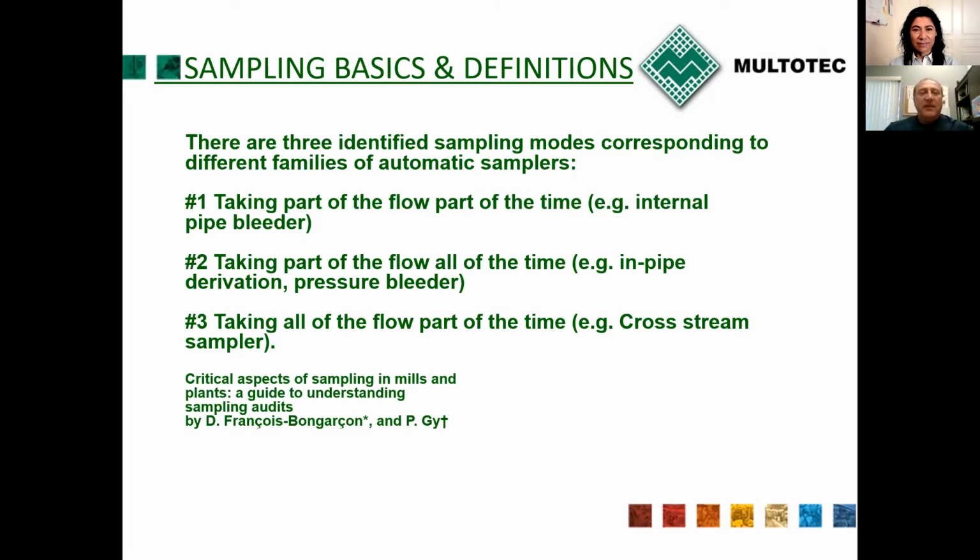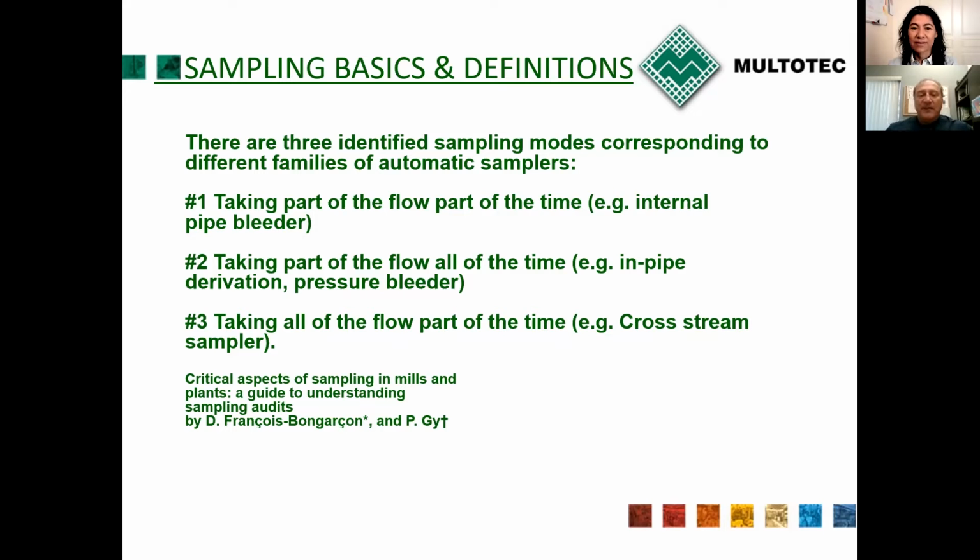So the definition of a good sample, you have three ways of sampling something. Either you do it taking part of the flow, part of the time, or taking part of the flow all the time, or taking all the flow part of the time.